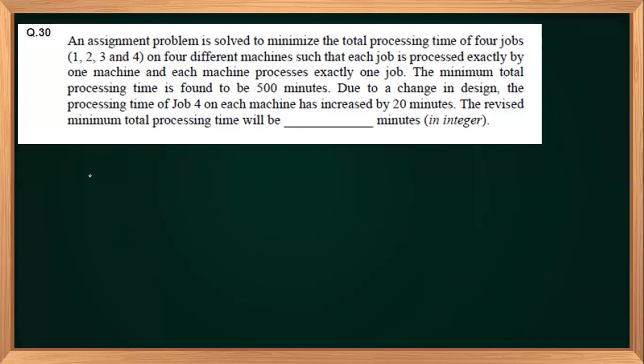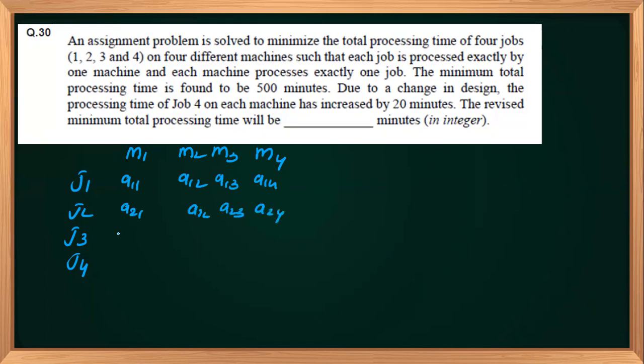Suppose I have jobs J1, J2, J3, and J4, and machines M1 to M4. Suppose I give the processing times A11, A21, A22, A23, A24, A31, A32, A33, A34, A44, just to demonstrate it, that's all.